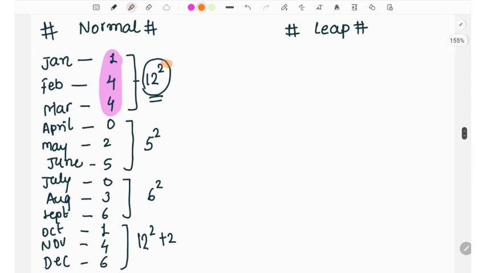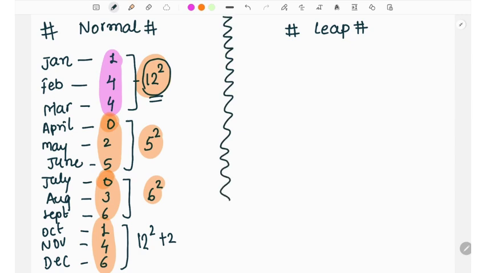So first of all, remember 12 ka square. Later on, remember 5 square, that is 025. 6 square, 036. Also remember this 0, and left is what? 12 square plus 2, that is 144 plus 2, that will give me 146. Now this is one trick to remember, okay, for normal year.